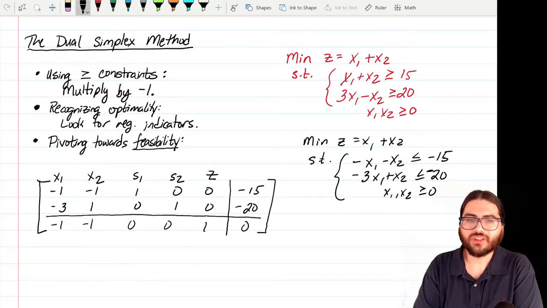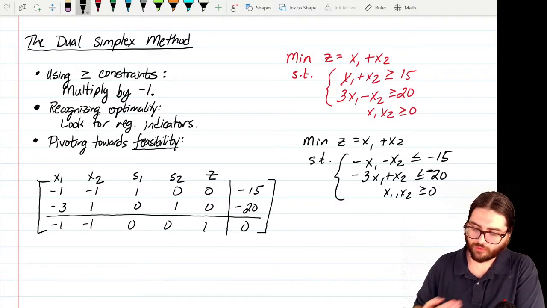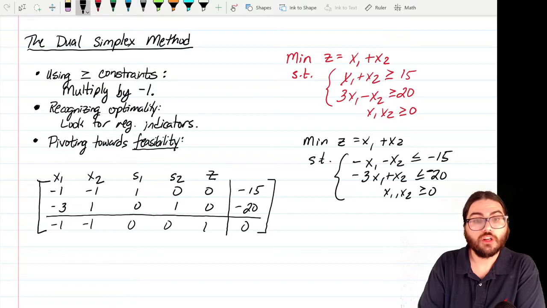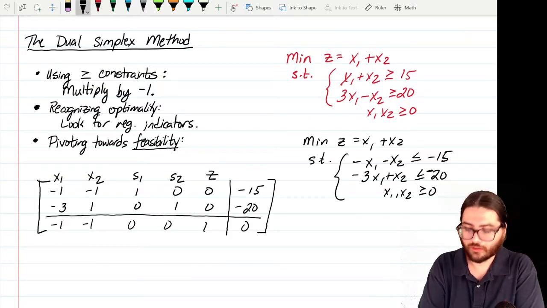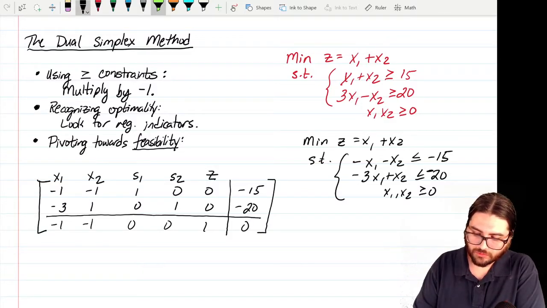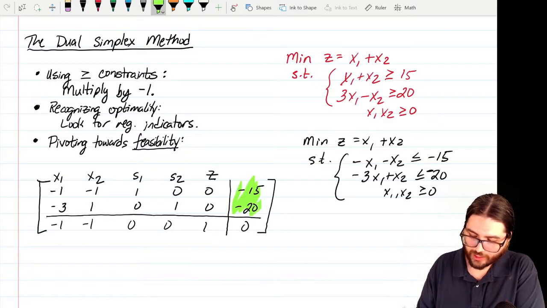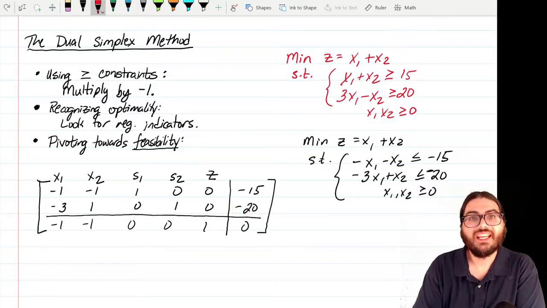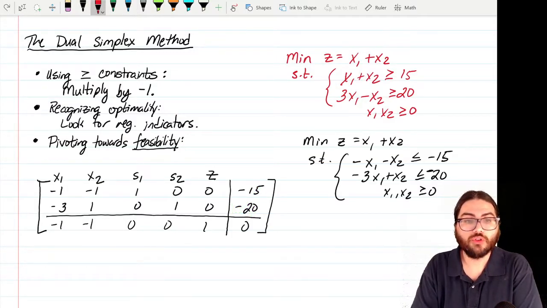So this matrix represents an optimal solution, but one that's not feasible. Right? We look for feasibility in that last column across the bar. And because there are negative numbers there, we are not feasible. Right? So we're optimal, but not feasible. That's going to be a pretty standard beginning place for the dual simplex method.